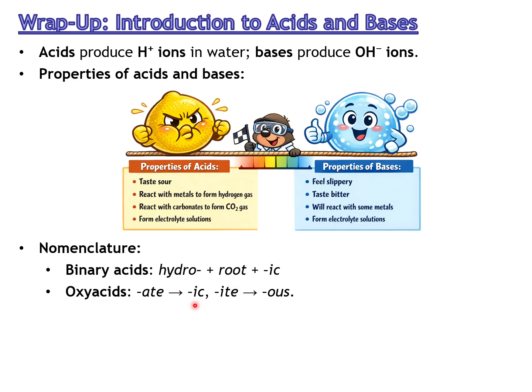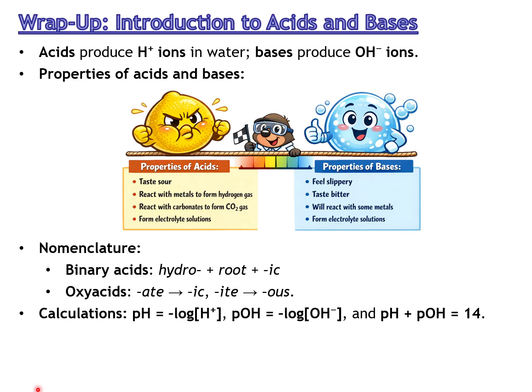So we saw that with nitrate. If you have the acidic form, it's going to be nitric acid. And then if it ends in ite, it gets changed to ous. So that means that if you had HNO2, which is NO2 is nitrite, that would be nitrous acid. Key thing there is that oxyacids, their names do not start with hydro.